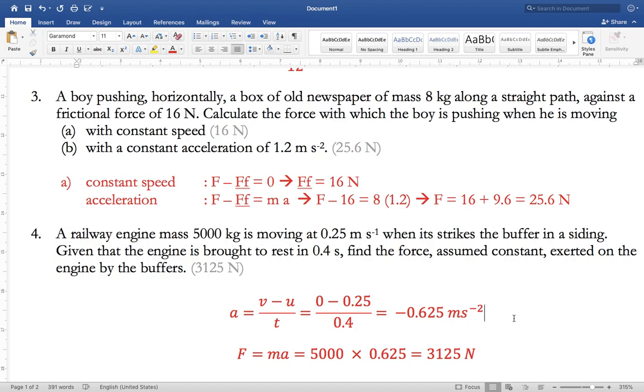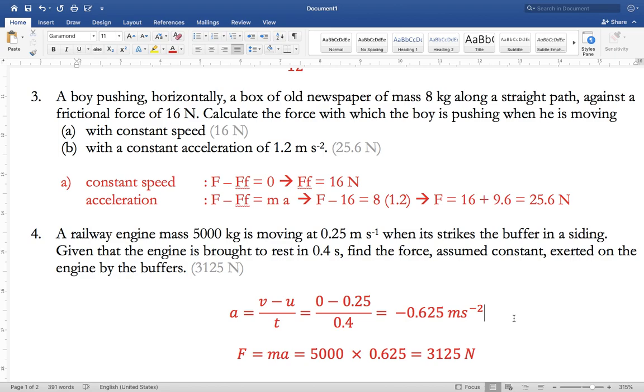Because it is brought to rest. It starts from 0.25 meter second and is brought to rest, so zero velocity: 0 minus 0.25 divided by 0.4. After we calculate, we get minus 0.625 meter second minus 2.